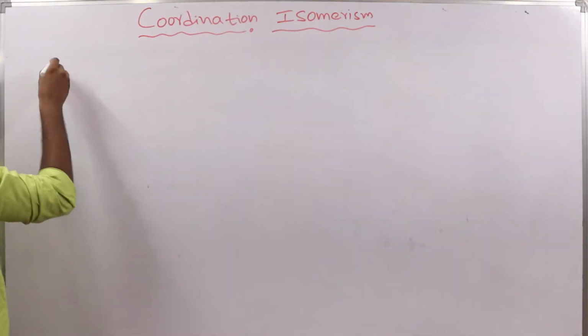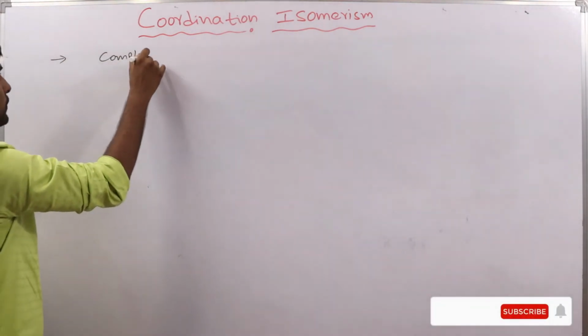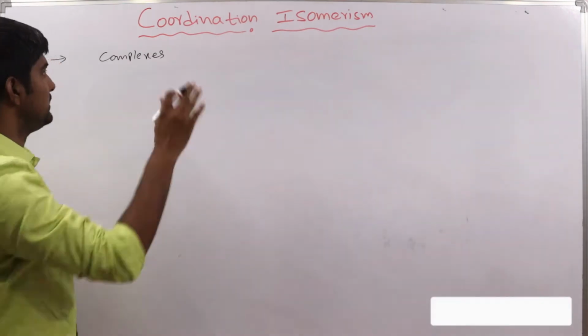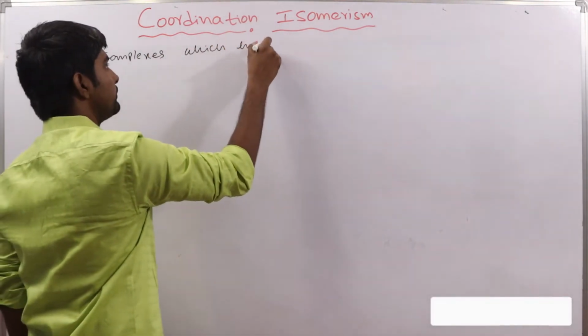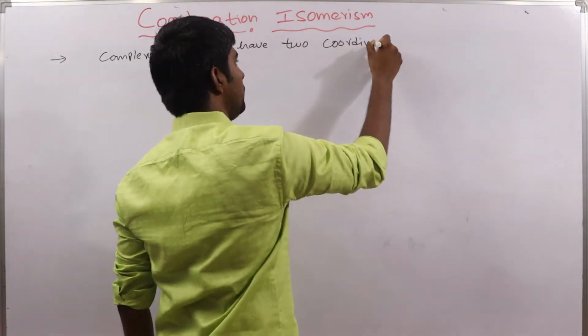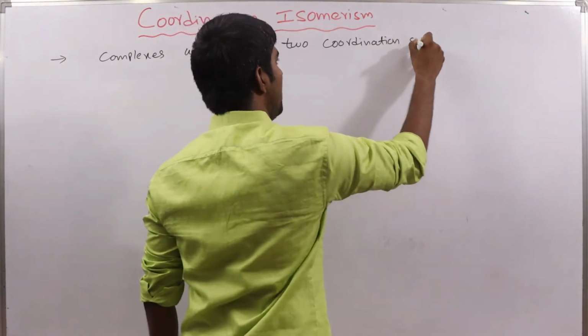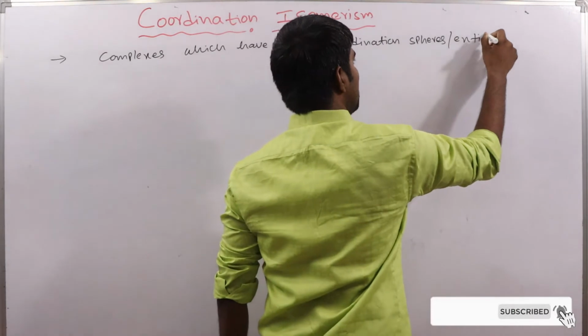This coordination isomerism is exhibited by complexes which have two coordination spheres. Two coordination spheres are coordination entities. Both are correct.